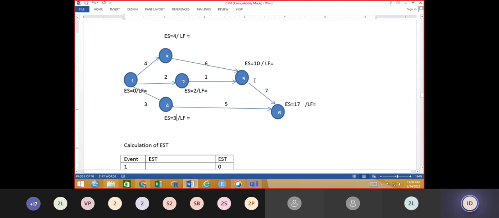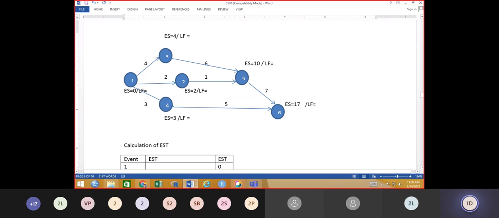Here 2 to 5 has earliest start time 2. But 1 to 3 and 3 to 5 take 10 days, whereas 1 to 2 and 2 to 5 take only 3 days. So 1 to 2 and 2 to 5 have to wait for 7 more days.